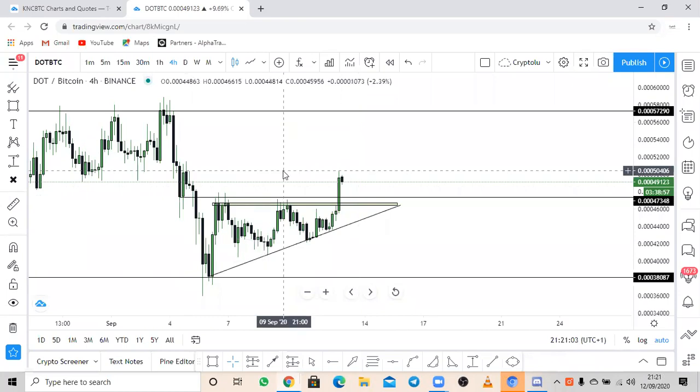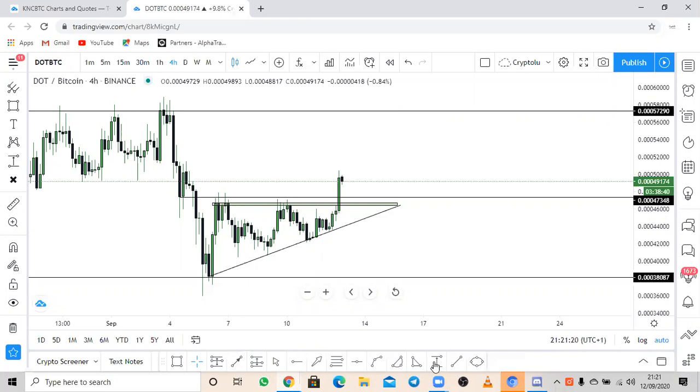Even so, there's a way people measure this. When you say ascending triangle and you want to know where it would get to, let me show you.